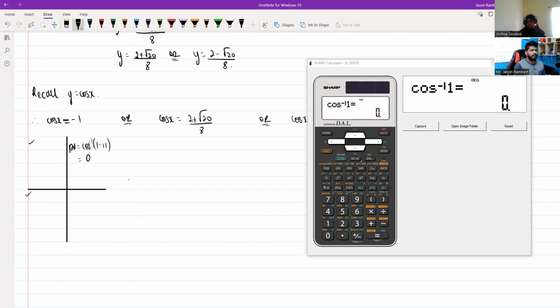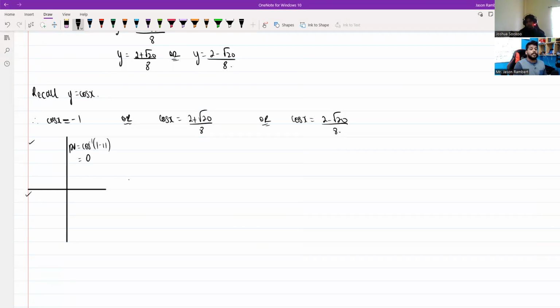Now, we're working in radians. So we need to figure out what is the convention for a quadrant in terms of radian measure. In the first quadrant, it's still the inverse of whatever.